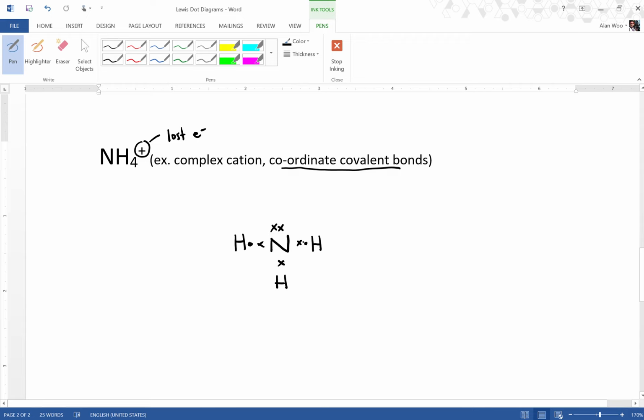Hydrogens have 1 valence electron each. So already with 1 hydrogen each, you're able to make 3 bonds. But you have NH4 plus, not NH3. What we have right now, NH3, is called ammonia. NH4 plus is called ammonium.